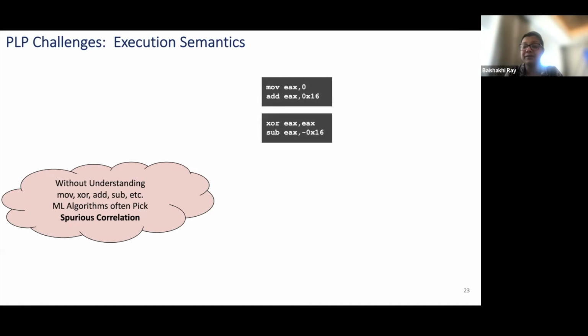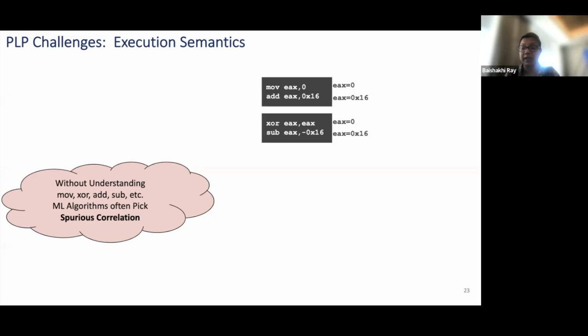For example, if I look at these two simple pieces of binary, you will realize, those who are familiar with reading binary or assembly code, that in both cases the EAX register is being set to 0. And then in the first, we are adding hex 16 to it, and in the second case, we are subtracting minus hex 16 from it. So basically the output is the same in both cases.